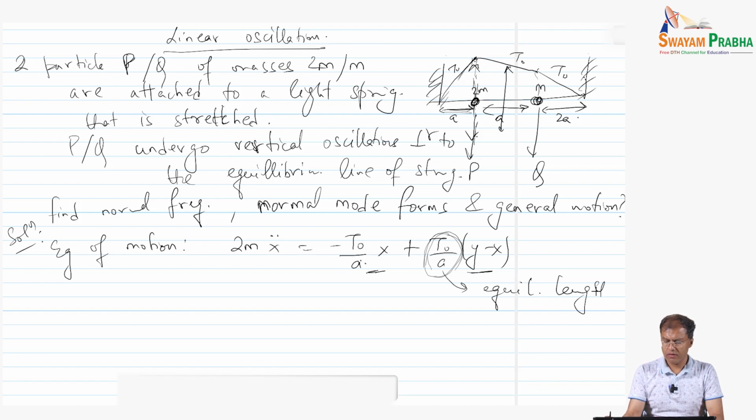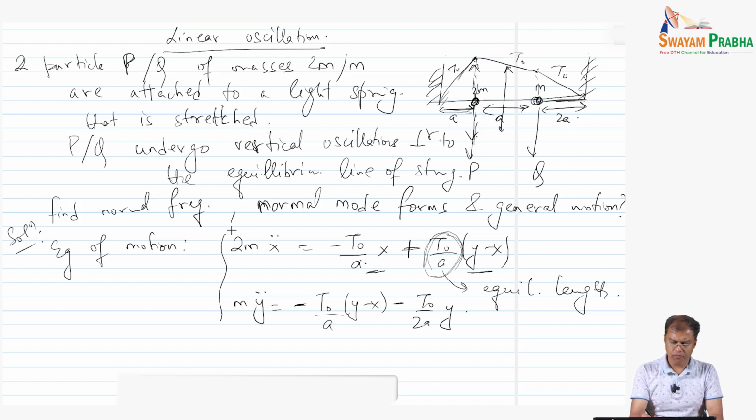Okay, and then similarly the second equation of motion is m times y double dot is equal to minus T naught times y minus x over A. So positive here, negative here, and minus T naught by 2A times y, because the total length in the third string is 2A.